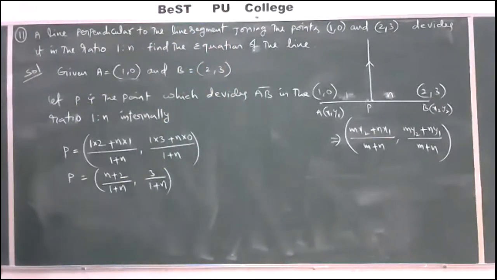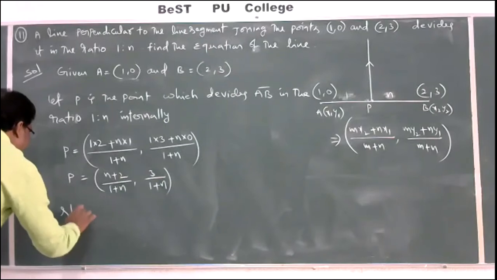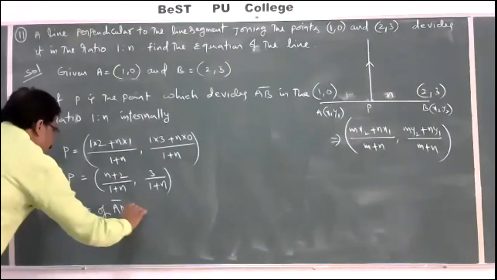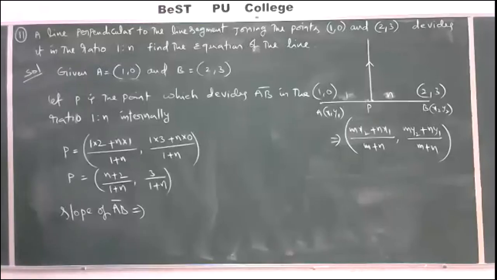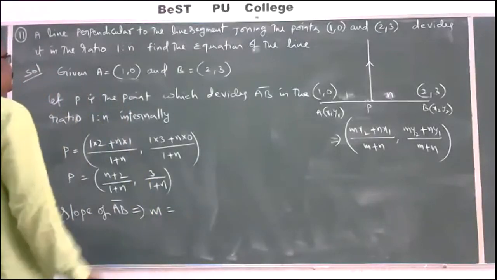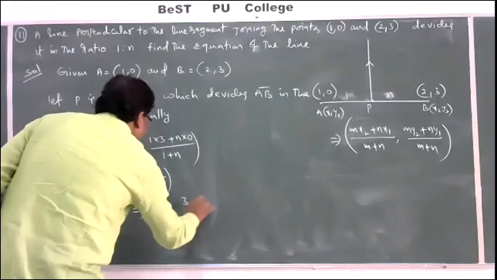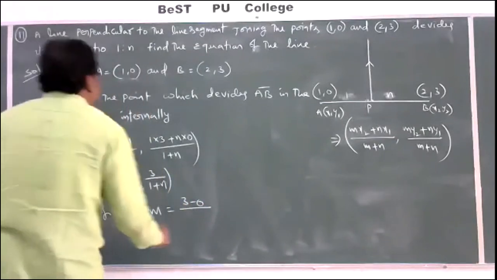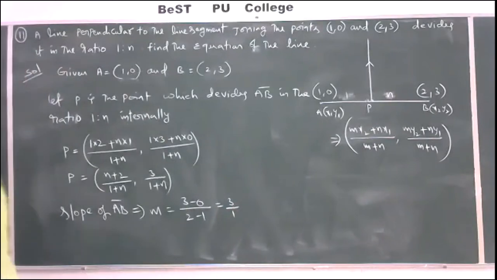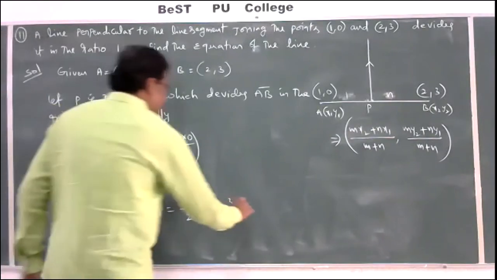Slope of AB: m is equal to y2 minus y1 by x2 minus x1, 3 minus 0 by 2 minus 1, that is 3 by 1, which is equal to 3.